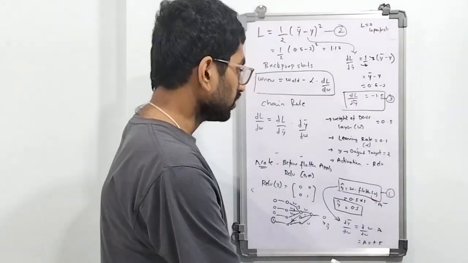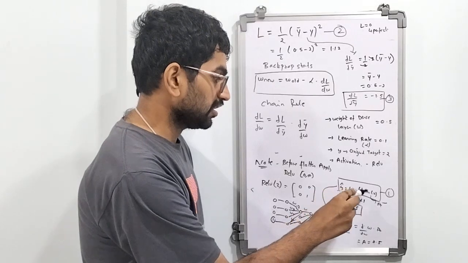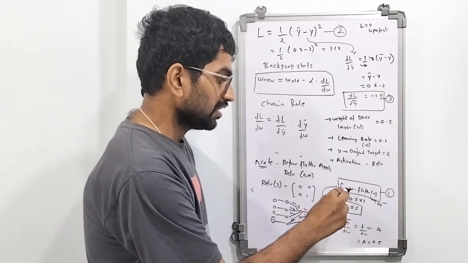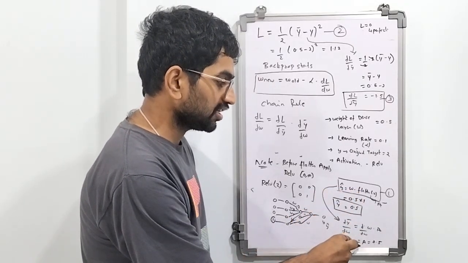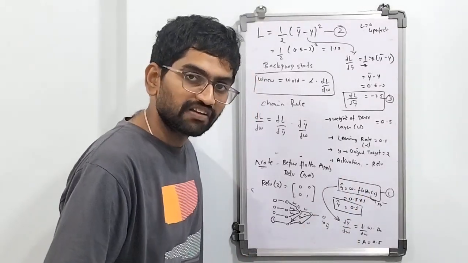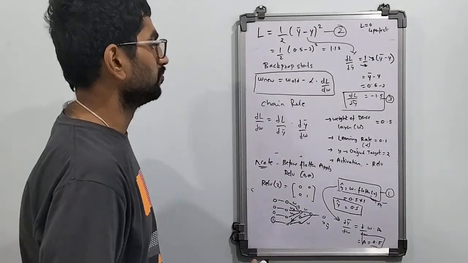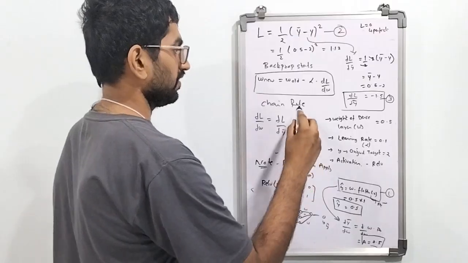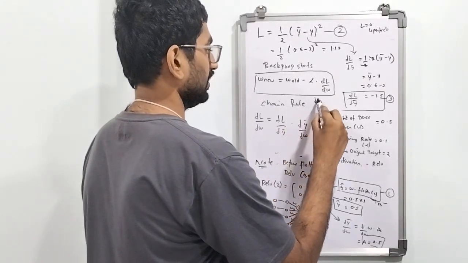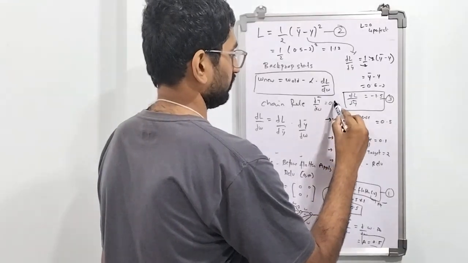Here the input is 1 and the weight is 0.5. When you differentiate, the 1 gets cancelled and you are left with only 0.5. So now you got the value of dy hat by dW, and this value will be 0.5. So I will write dy hat by dW is equal to 0.5.